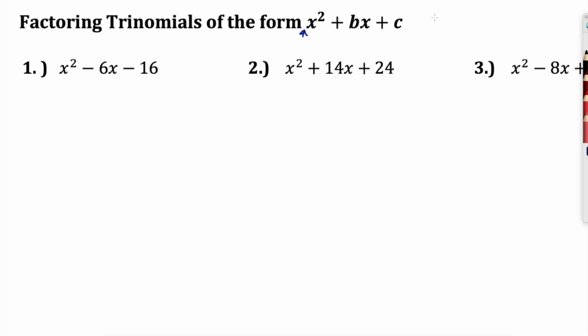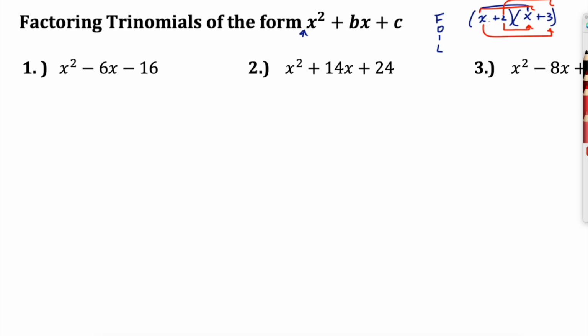So when we multiplied binomials together, we used FOIL, right? And so if I had x plus 2 times x plus 3, we did the first term, the outer terms, the inner terms, and the last term.